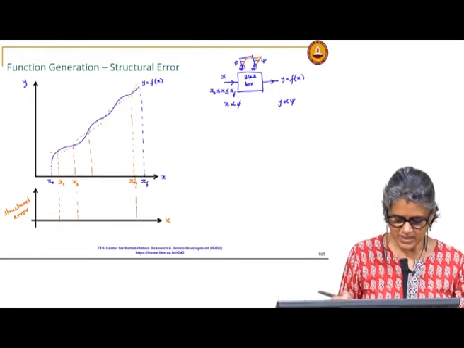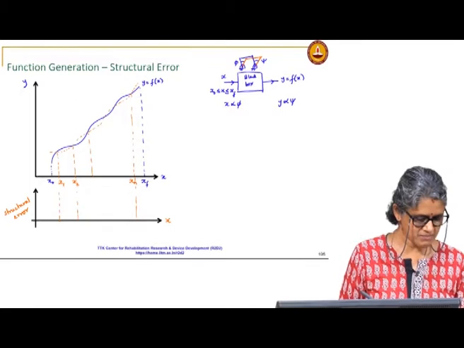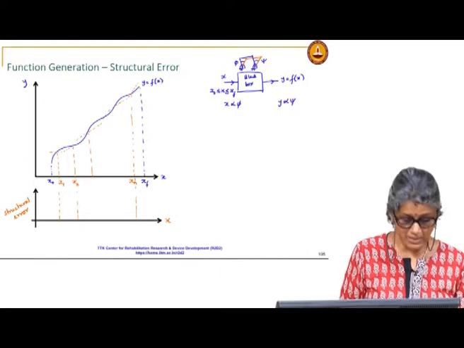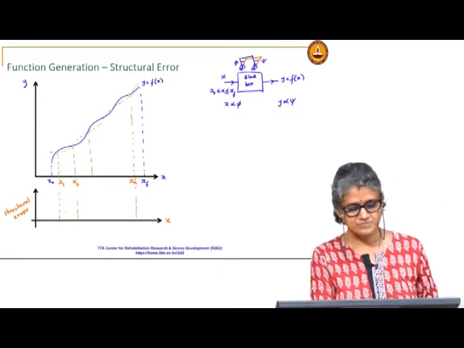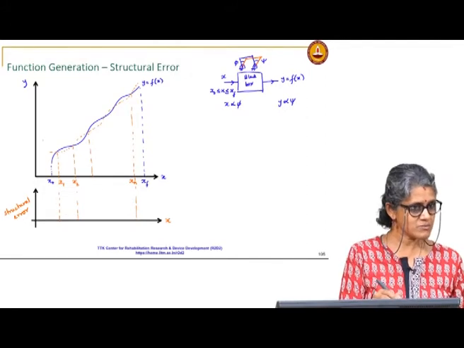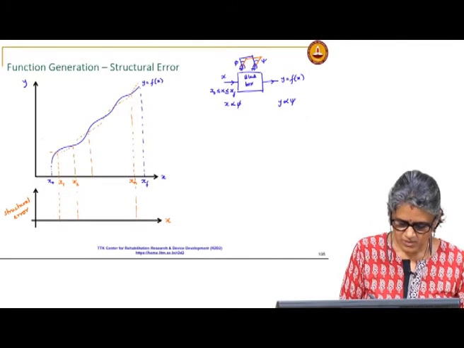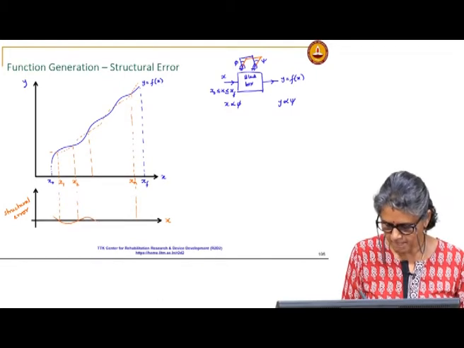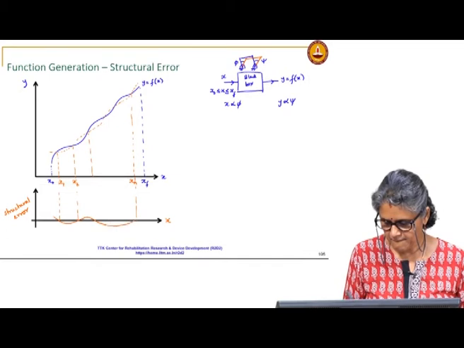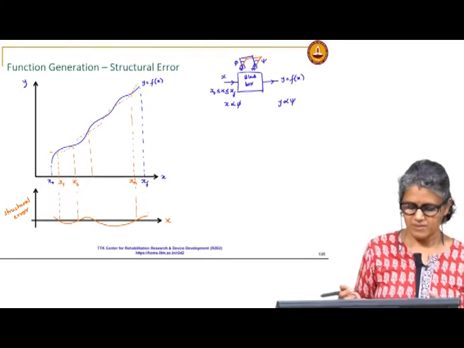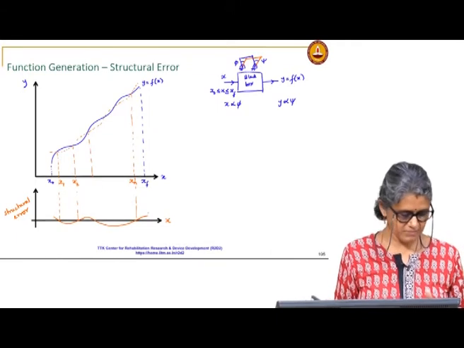My error will be 0 at those points, but everywhere else there would be a difference between what my actual function is generating versus something like this.